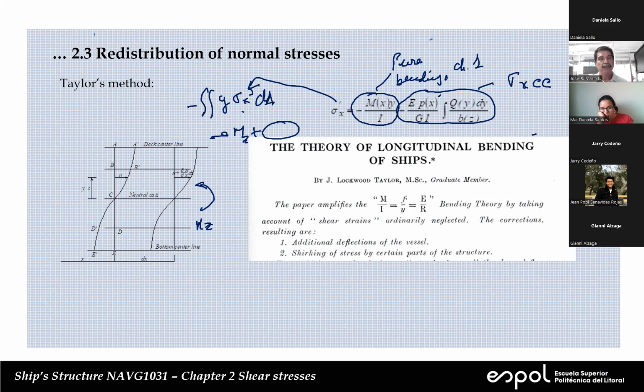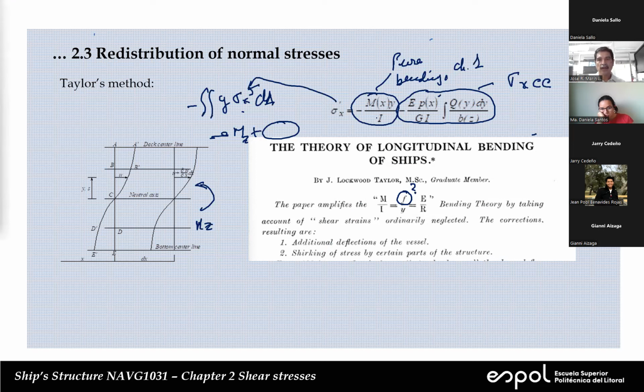M/I equal to f/y. What is this expression, people? What do you think is this expression? What is f in this expression? Ms. Flores?